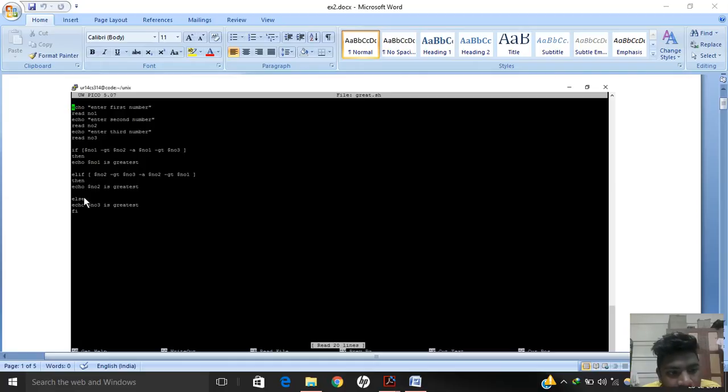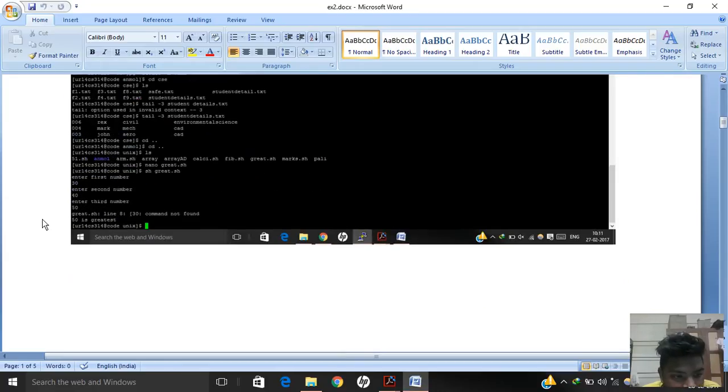And at last I have given else, and if both the first and second numbers are not greater, then the third one is greater. Then I have written fi for the ending statement, and as you can see, the output for that one: I have entered 30 as first, 40 and 50. So 50 is the largest, so the output is 50 is the greatest one.